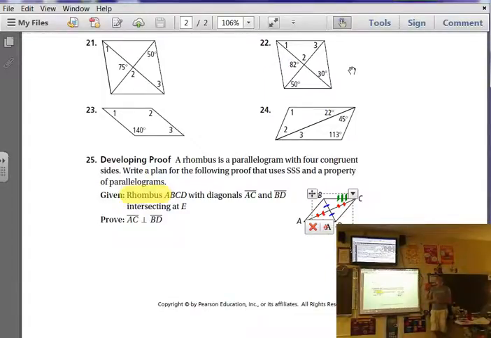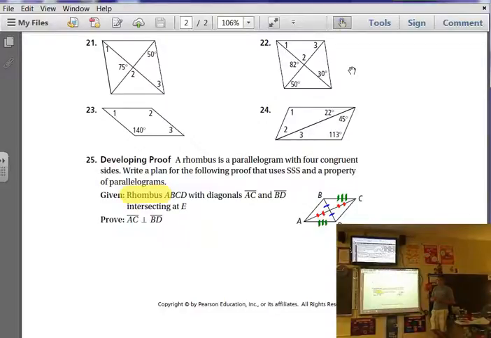So, what can we see? What else? I actually have not notated everything yet. Part of a rhombus that makes it more than a parallelogram. Well, because of the side thing, and they share the same sides.